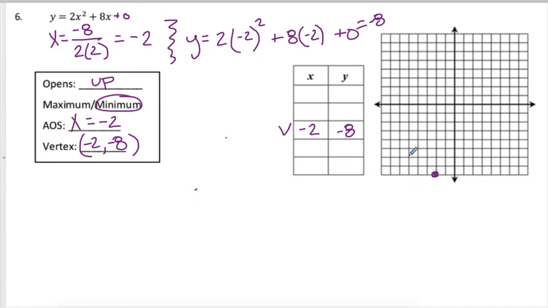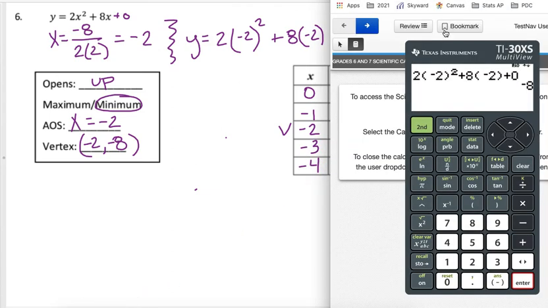Okay, good. It opens up, so this will stay on my graph, and I'm going to put this in my calculator to generate numbers that are above negative 2 and below negative 2. All right, so table, clear that out. Let's start with a new table at 2x squared plus 8x.